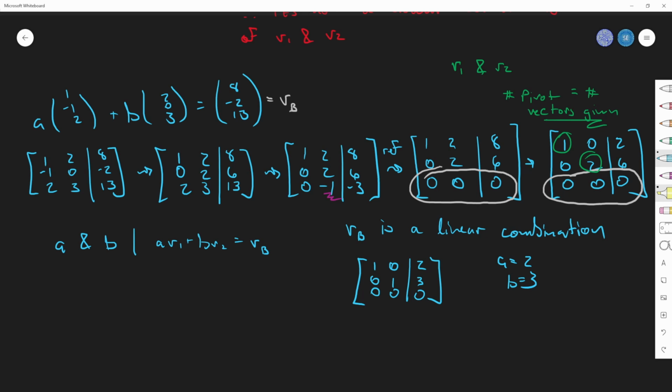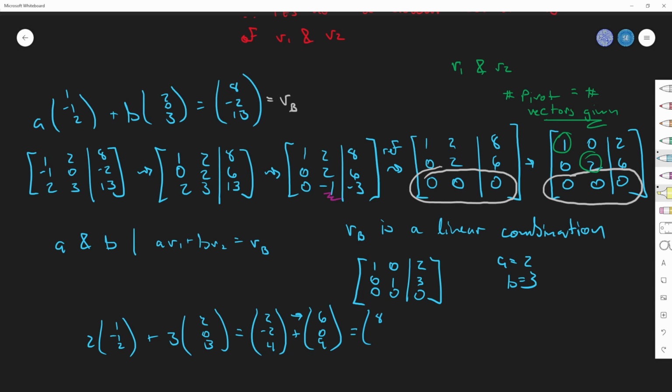Can't read. 3. And then we can double check if 2 times 1, negative 1, 2, plus 3 times 2, 0, 3. That will give us 2, negative 2, 4, plus 6, 0, 9. And that'll be 2 plus 6, 8.